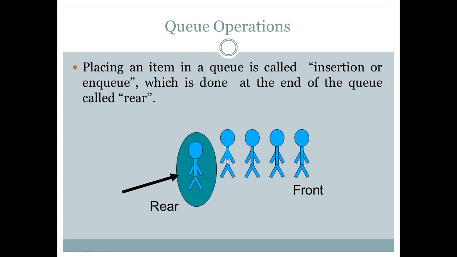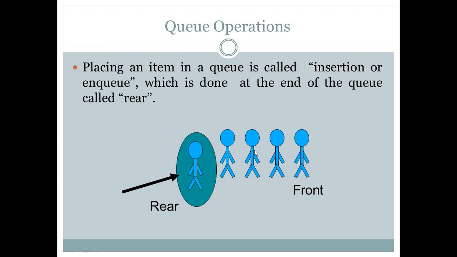So this is the queue. 1, 2, 3 and 4 persons are available in this queue. This is the front of queue, meaning the first person. If we want to add, or enqueue, some item, it will be added on the rear of our queue.